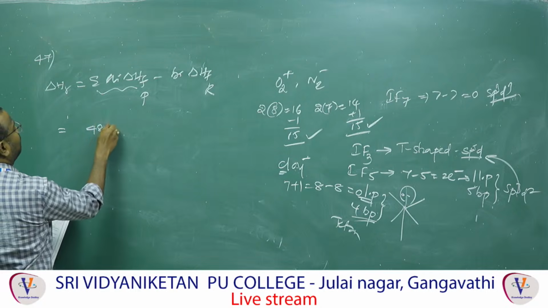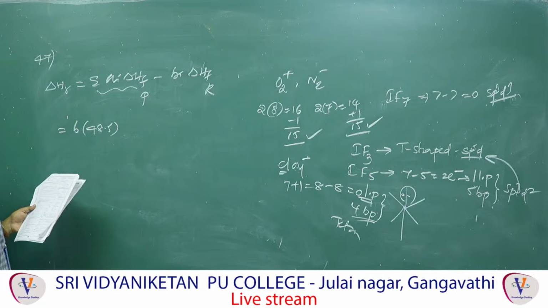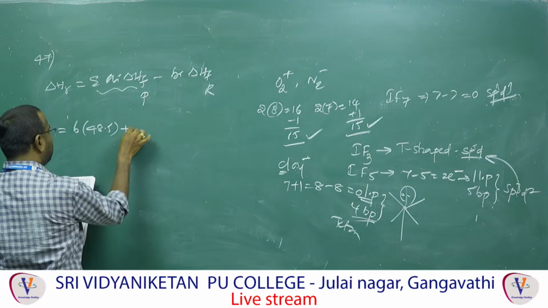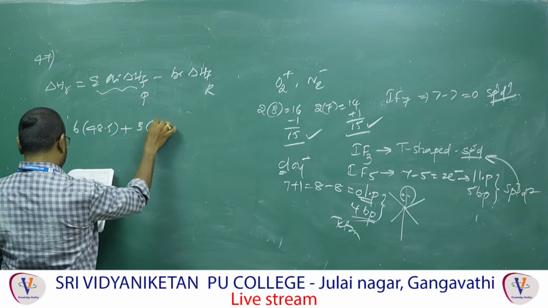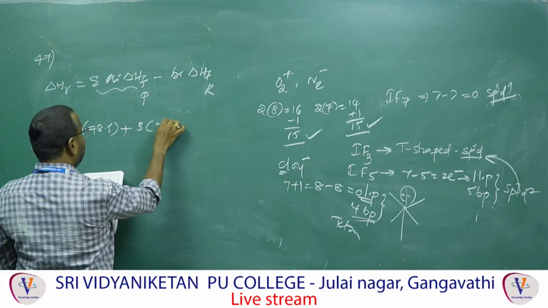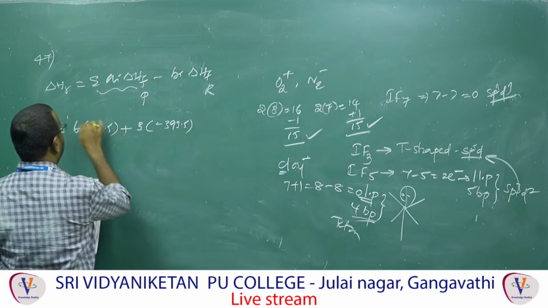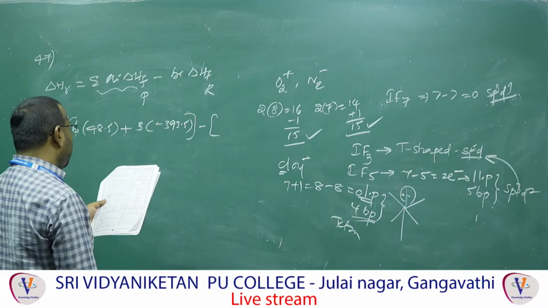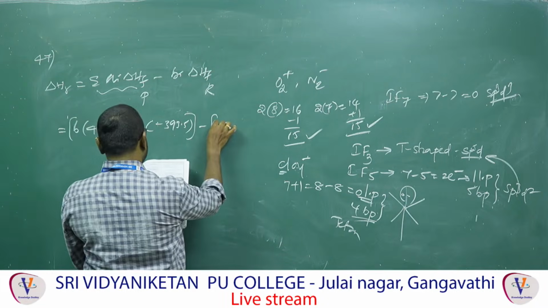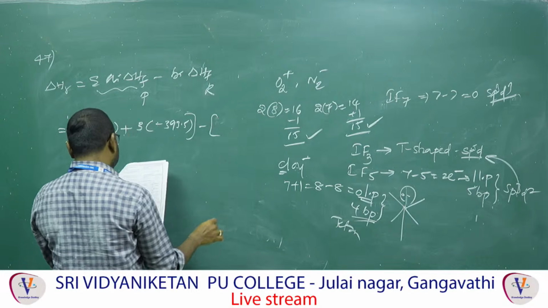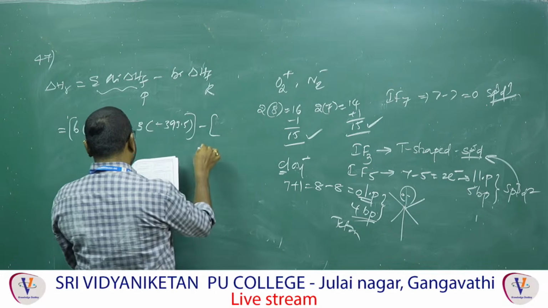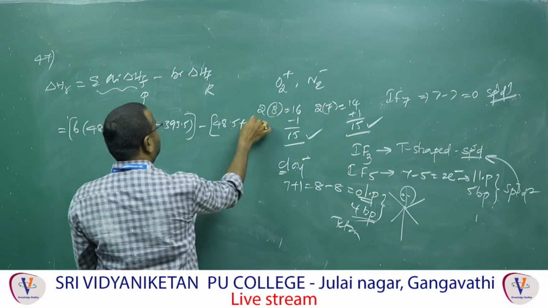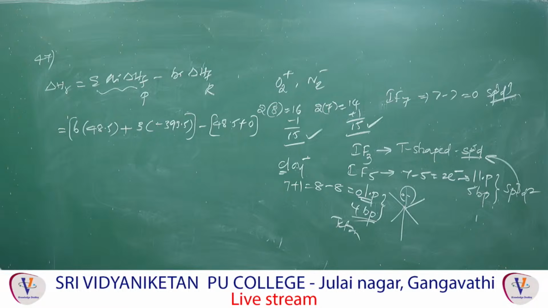It is 48.5 into 6, because 6 carbon dioxide molecules are there, plus we have 3 water molecules, which are 3 into 393.5, and then minus, then we have the enthalpy of formation of benzene, which is given to be 448.5, plus enthalpy of formation of oxygen is 0, so we need not write that.